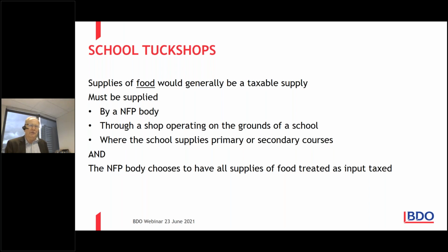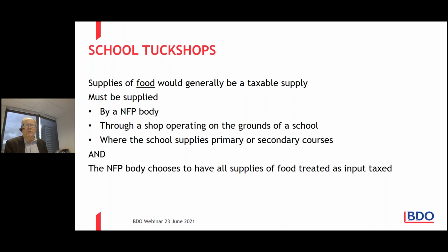But given that, you say, well, all your bread, your butter, your meat slices, potatoes, they'll all be GST free as food, but it's when they're converted into a hot food or similar that it becomes taxable.